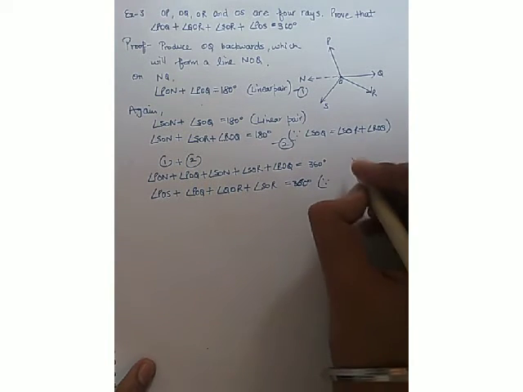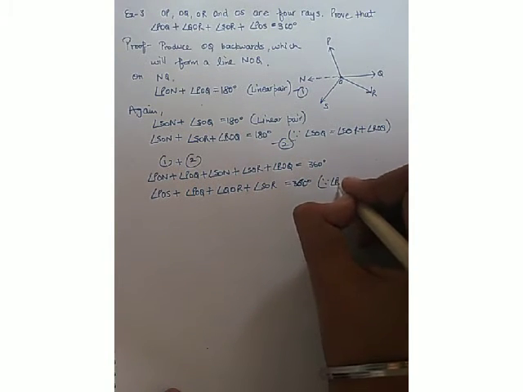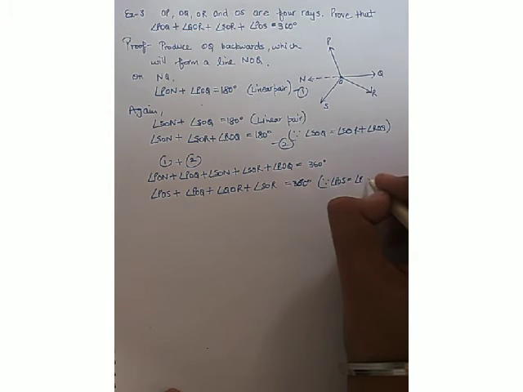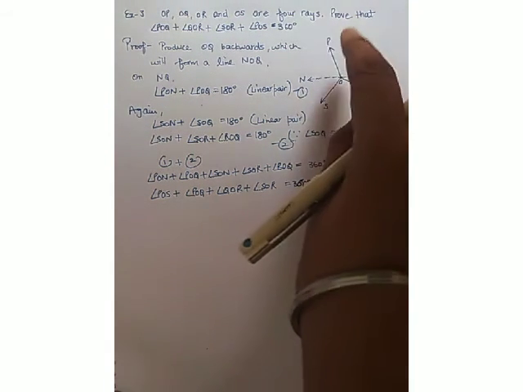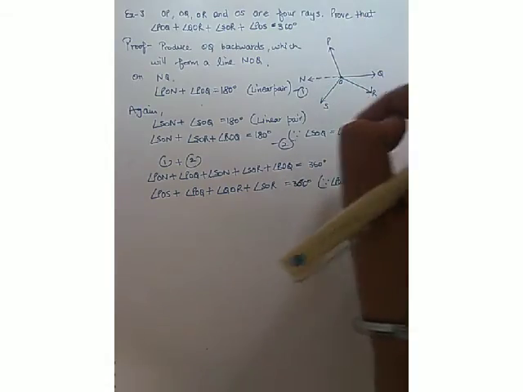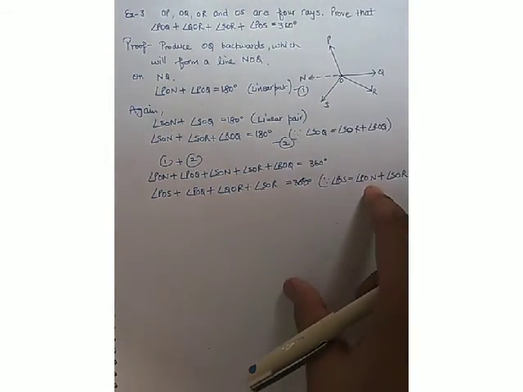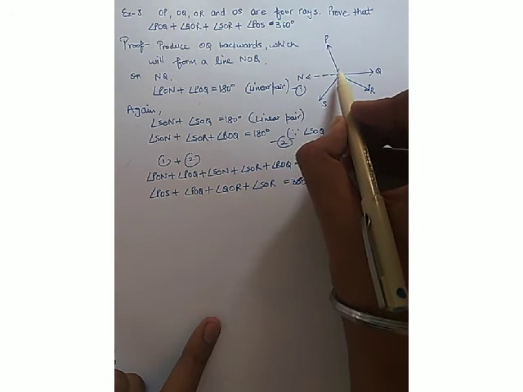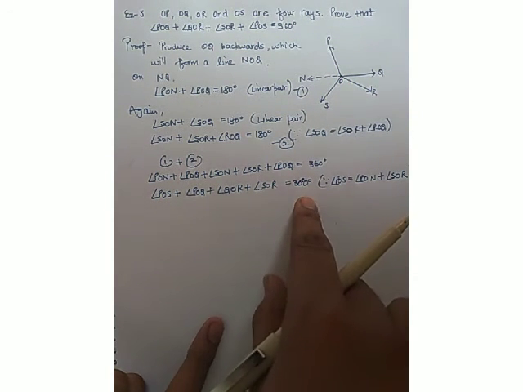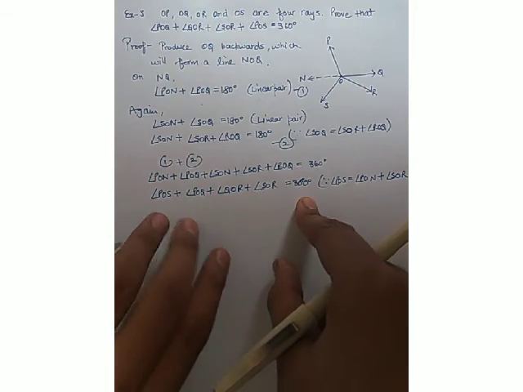Why so? Because angle POS is equal to angle PON plus angle SON. It's very clear. So that is why this angle was split, and we have to just prove that all of the angle sum is 360. Now there were four angles, so four angle sum is 360 degree. This is how we have to prove.